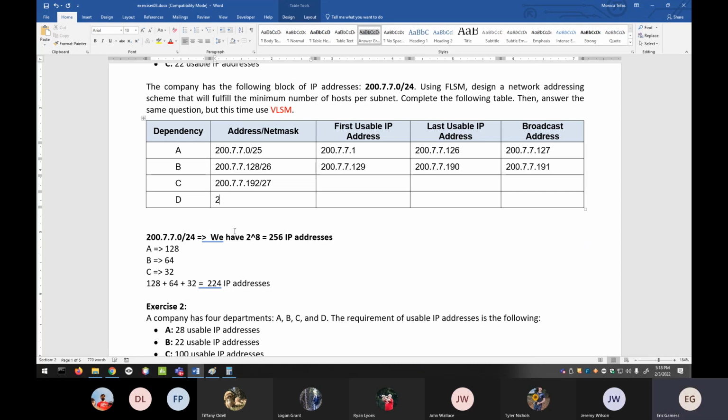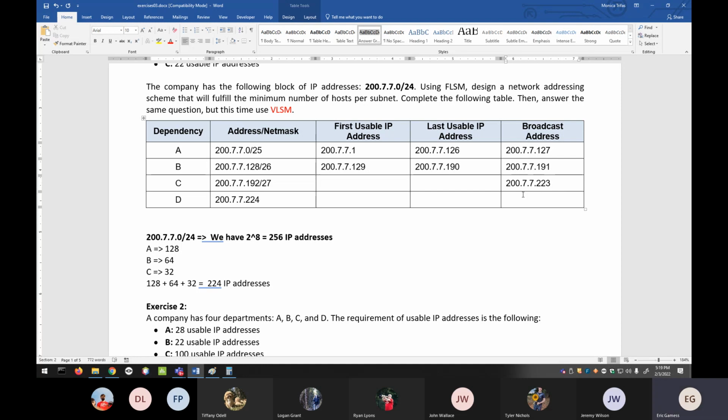So if D exists, it should start at 224. If D starts at 224, where is C going to end? 223, which is one IP address before where D starts.